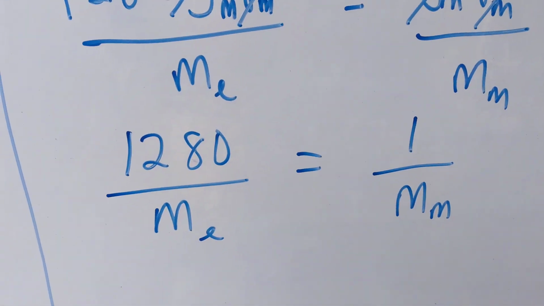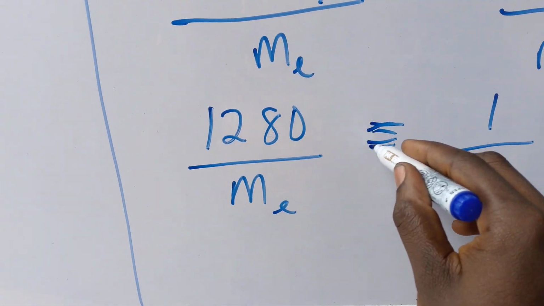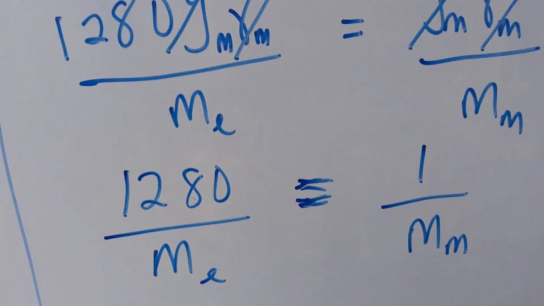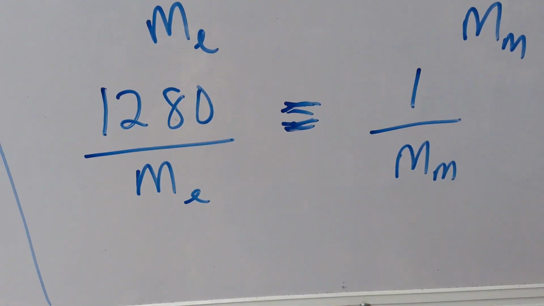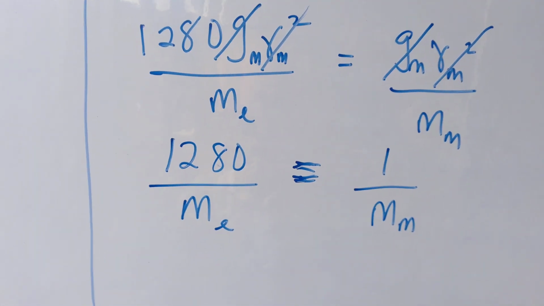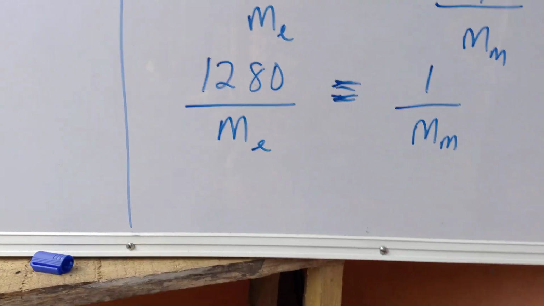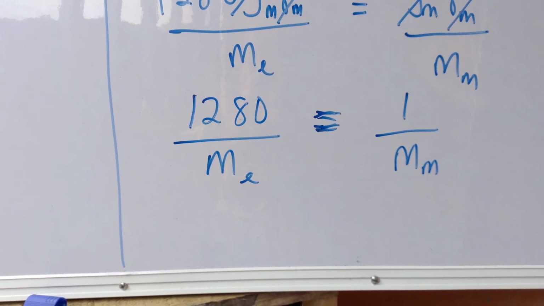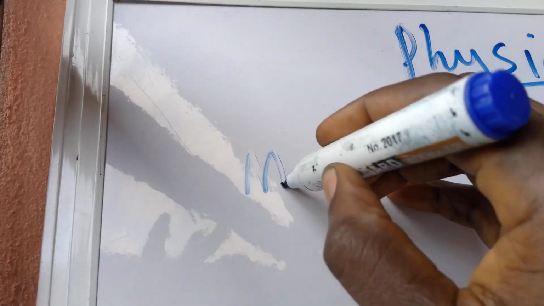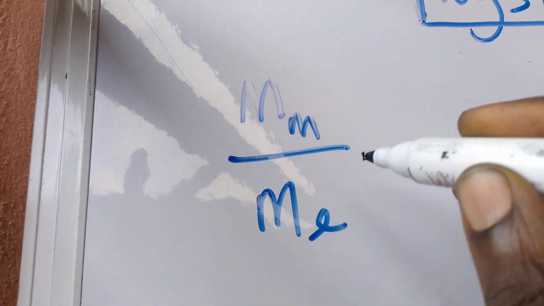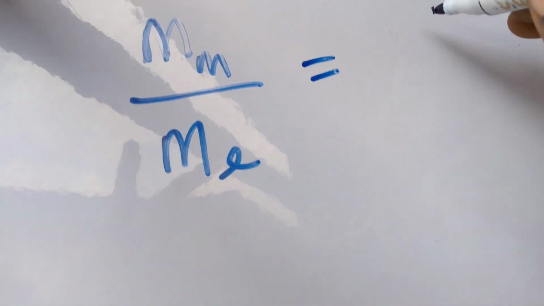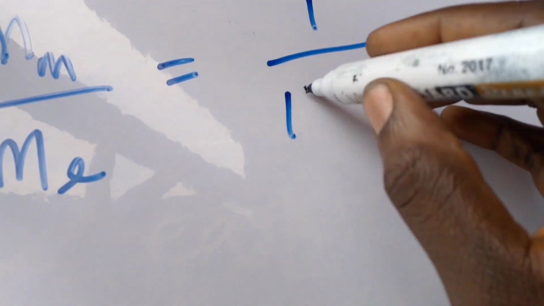Then we are asked to find the ratio of the mass of the Moon to that of the Earth. So my equation now changes. If I put it in the form of a fraction, I will have MM over ME equal to 1 over 1280.